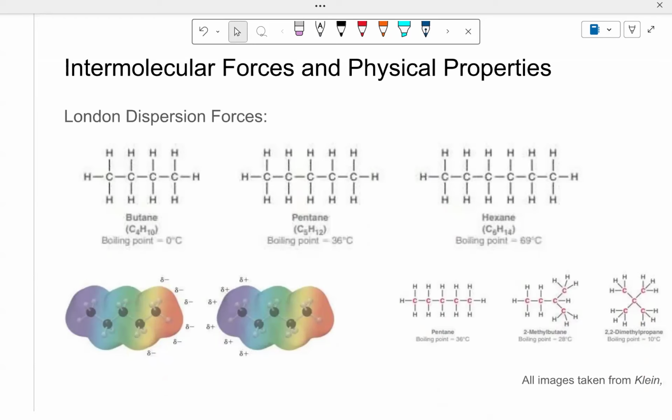When we talk about intermolecular, we're looking at how one molecule interacts with another. London dispersion forces are temporary attractions when two molecules get close.